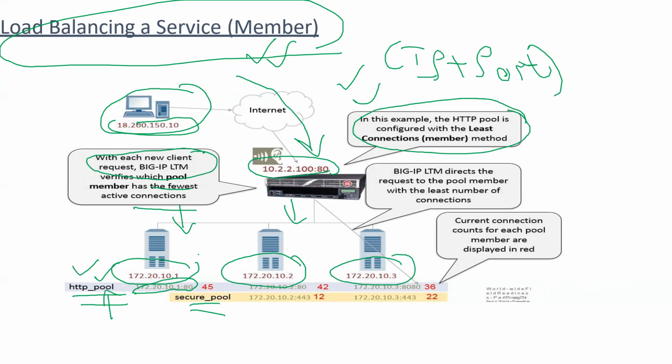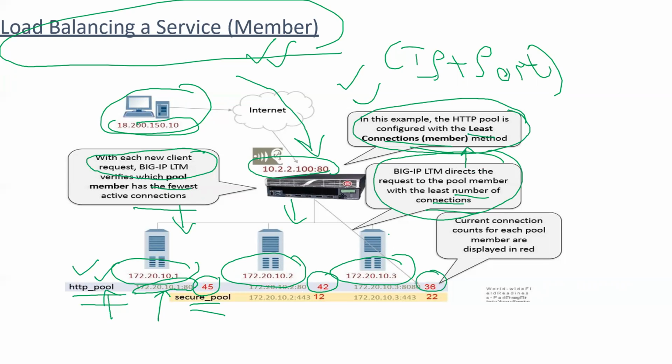So you need to take care, this line is very important: least connection member. BIG-IP LTM will redirect the request to the pool member with the least number of connections. Let's say 172.20.10.1 has 45, the second has 42, and the third has 36.